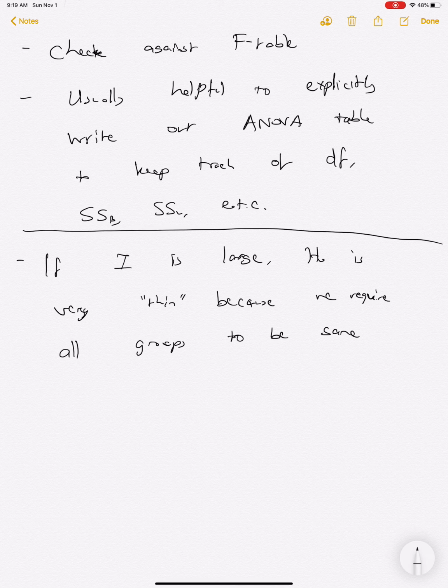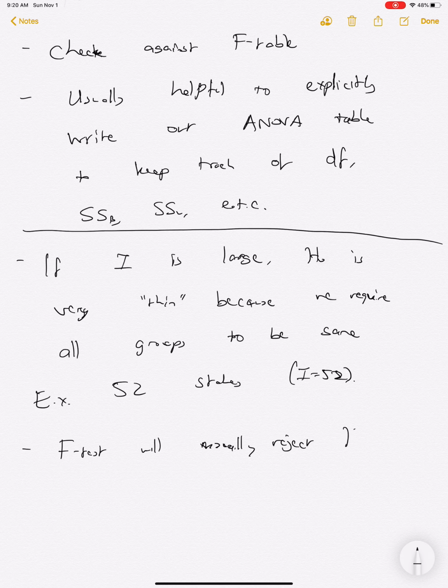For example, if you think about 52 states, so I equals 52, you're saying that all of the states have exactly the same behavior, which is probably unlikely to be true. So your F-test will usually reject H naught.